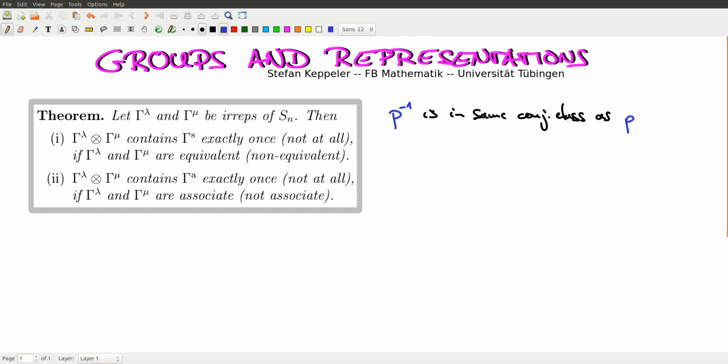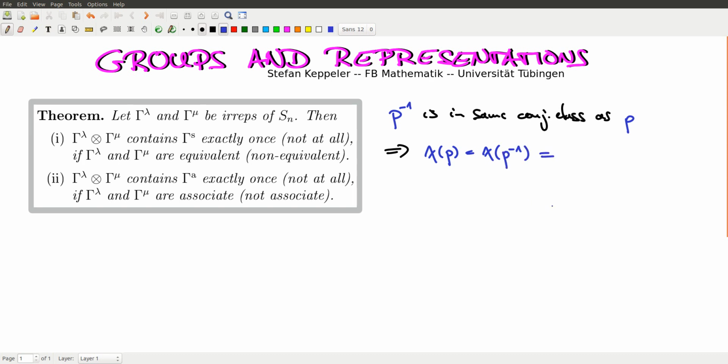They have the same cycle structure. You can just invert the cycles, the disjoint cycles individually. So the cycle structure of the inverse is necessarily the same as the cycle structure of the element. And this means if they are in the same conjugacy class, they have the same characters. So the character of P is the same as the character of P inverse.